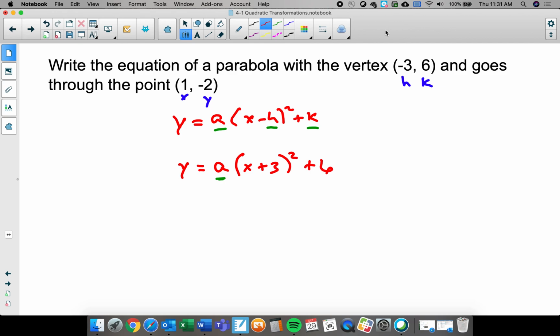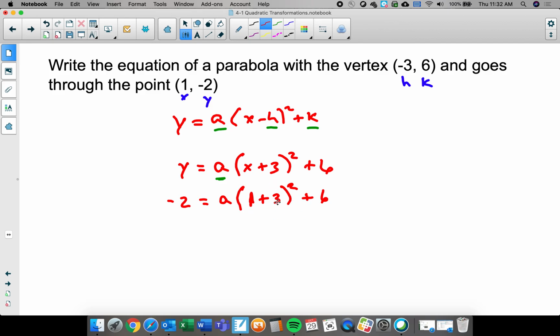So if we do that, I end up with -2 equal to some value of A, plug in 1 for X, plus 3, quantity squared, plus 6. And now I have one variable that I can go through and solve for, which is A. So I'm going to deal with this portion first, right here. I'm going to get an answer for that.